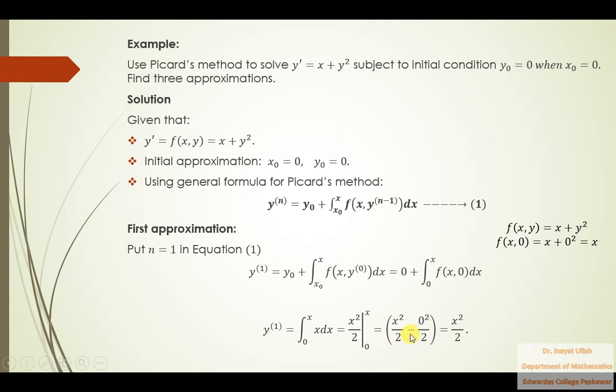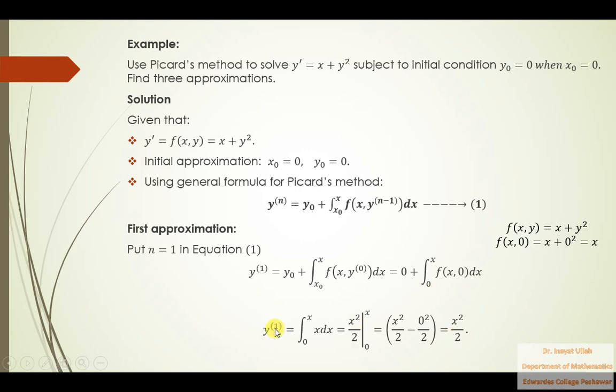Then minus, replace the lower limit instead of x, so that will be 0 square by 2, which is 0. So you just need to write this fraction, x square by 2.